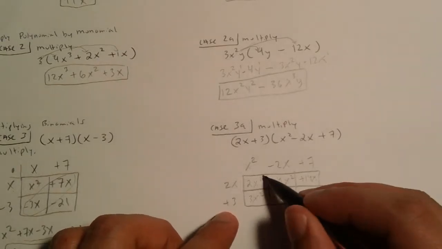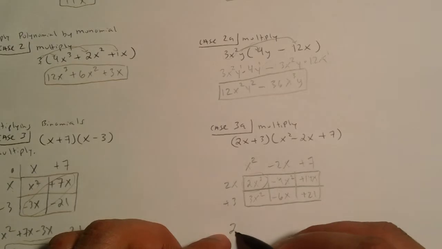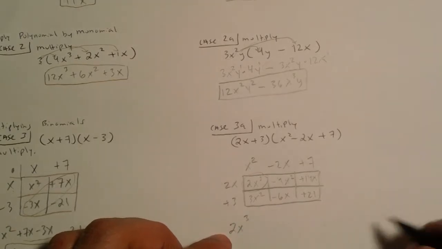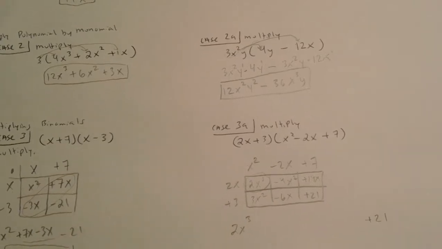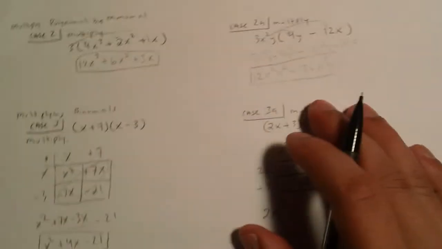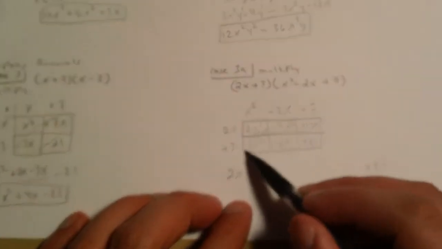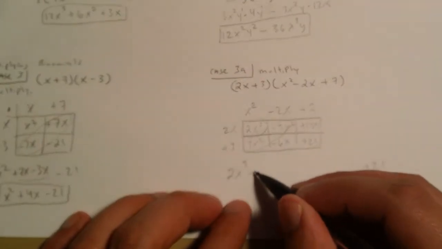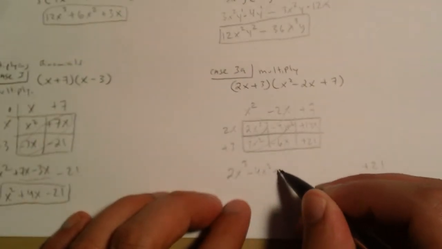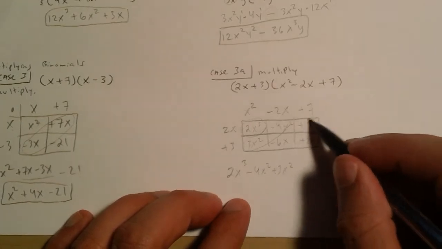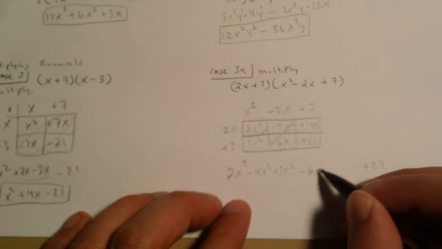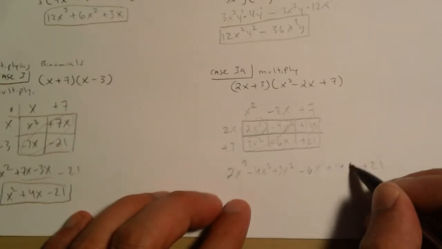Now, our first term will be our top left corner, 2x cubed. Our last term will be positive 21. Our diagonals will add up. So we have minus 4x squared plus 3x squared, and then our second set will be negative 6x plus 14x.